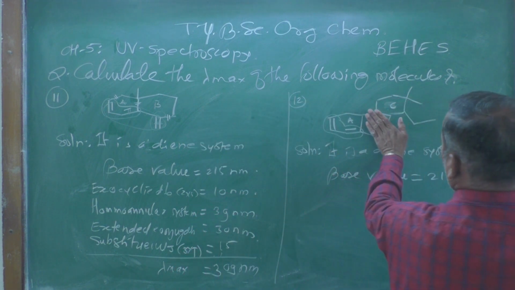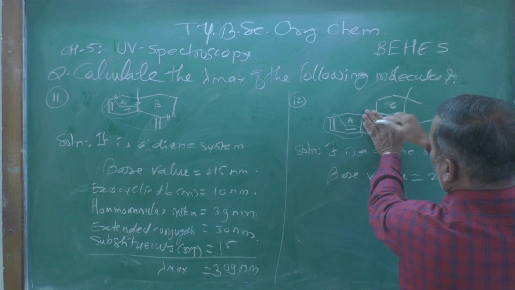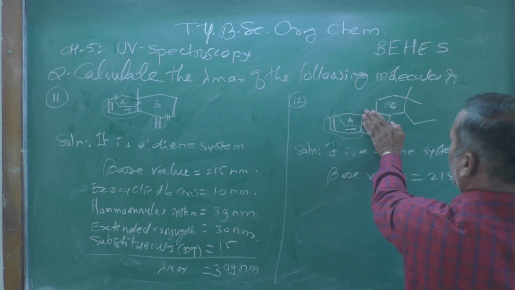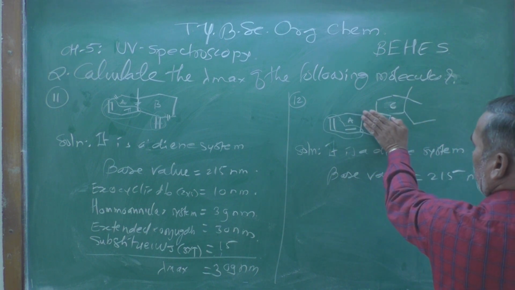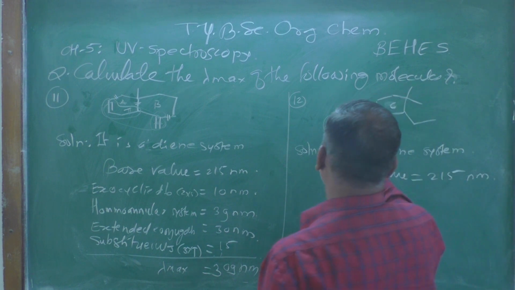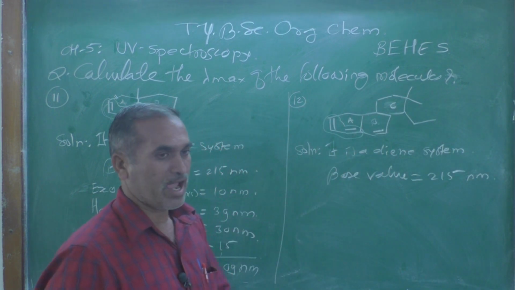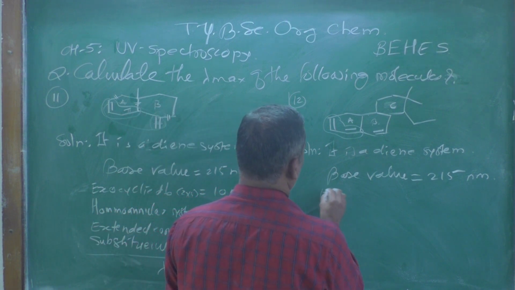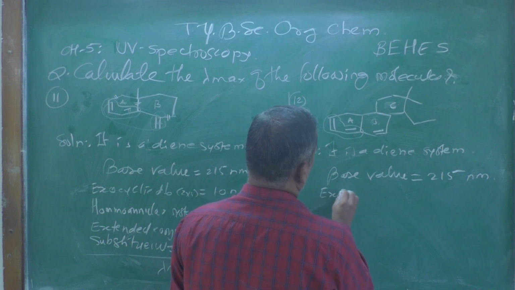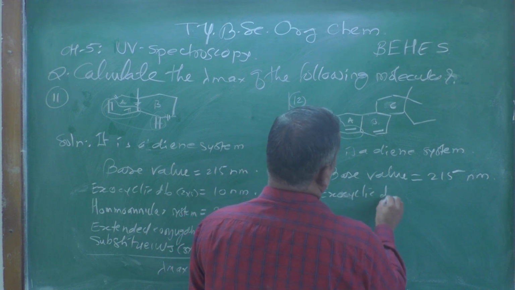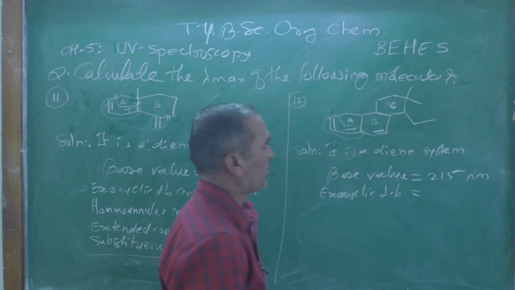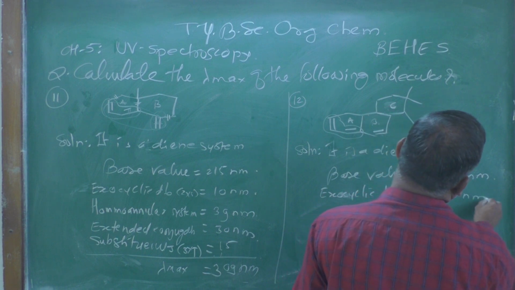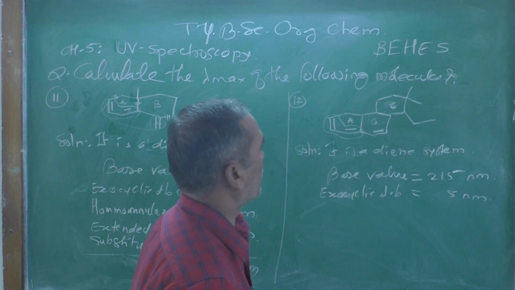Now if you put your hand on B, what do you see? This is outside, this is outside, outside, outside, but here one of the bonds is outside, and therefore B ring has one exocyclic double bond. So here you can write exocyclic double bond. How much to add? You should add 5 nanometer in it.